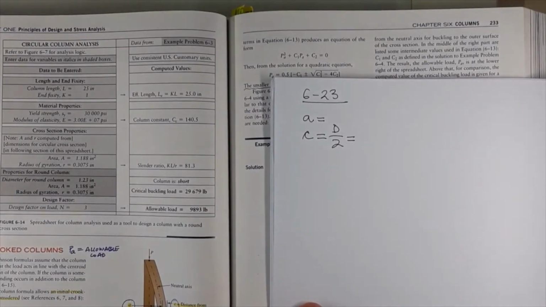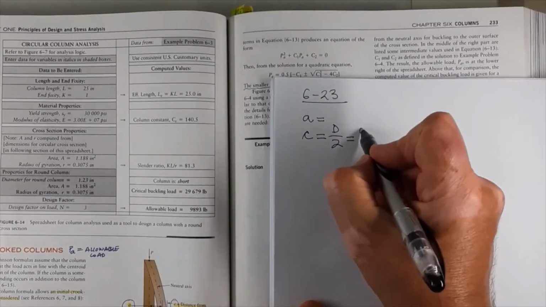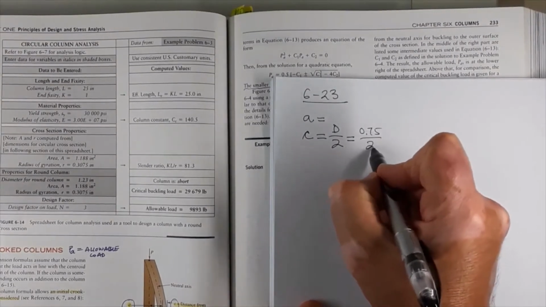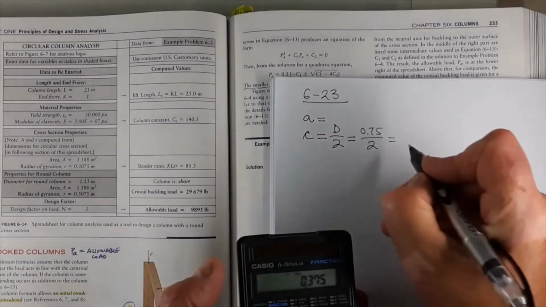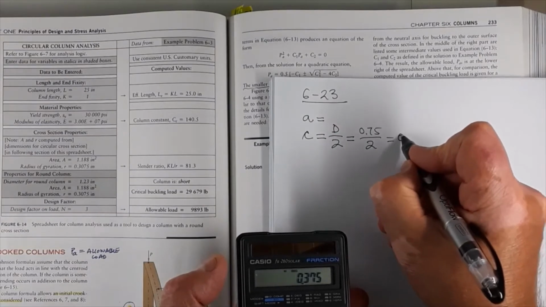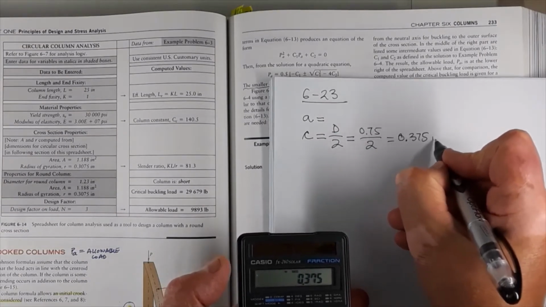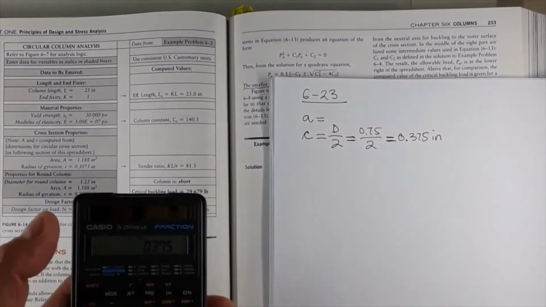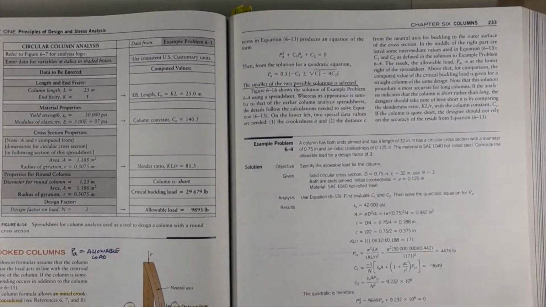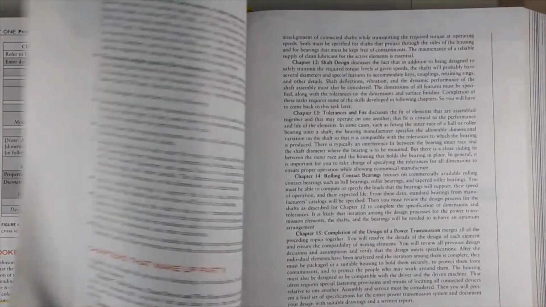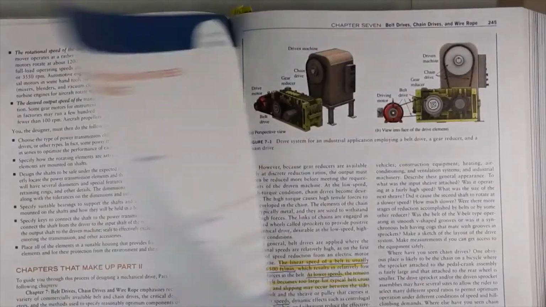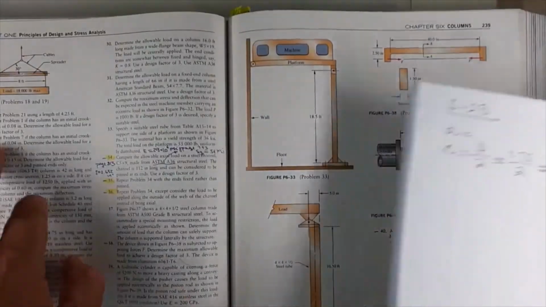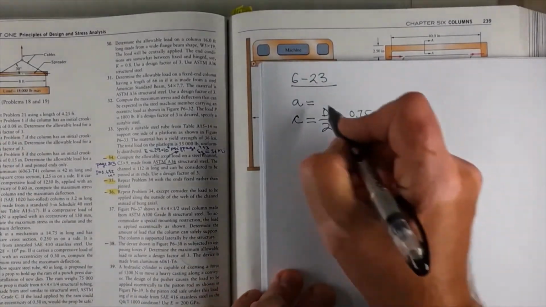and 0.75 over 2 inches. That's 0.375 inches. Okay. And then the text of the problem, crookedness 0.08 inches.